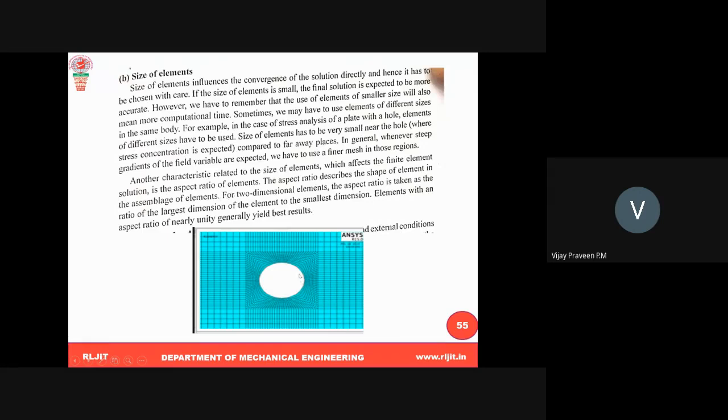See, what they have given here is that the size of elements matters. If you want an accurate result, then the size of the element should be small. If you use a smaller size, you get an accurate result. But what happens? Will it take more time or less time?